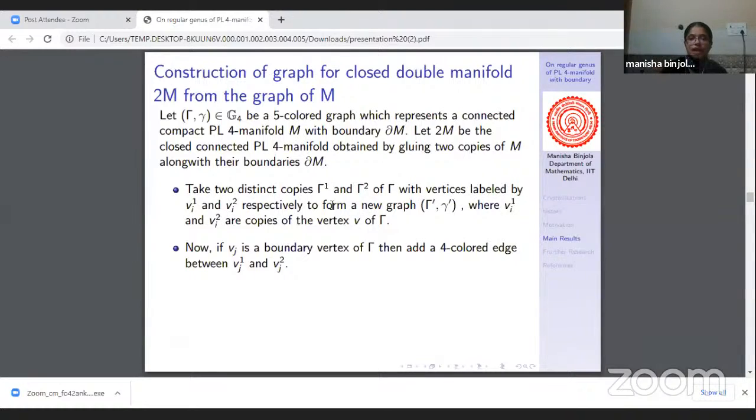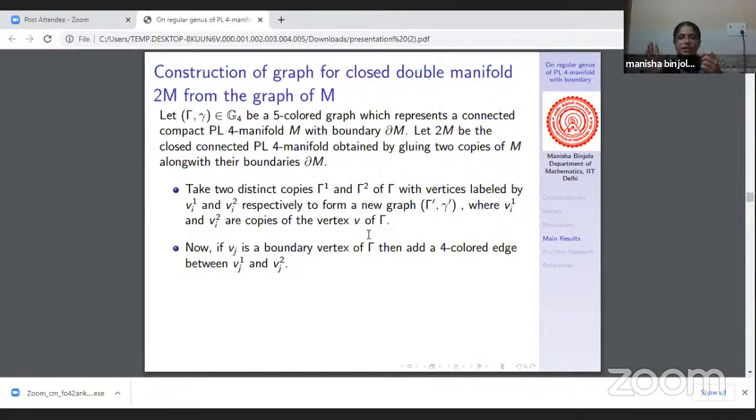So we take a copy of gamma. We have 2 copies of gamma; one we name gamma 1 and the other one gamma 2. Then we label the vertices of gamma 1 by vi1 and of gamma 2 by vi2. So we have two copies of the graph. Consider each vertex.